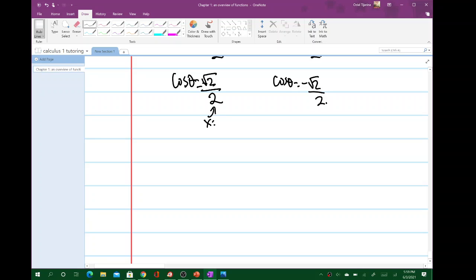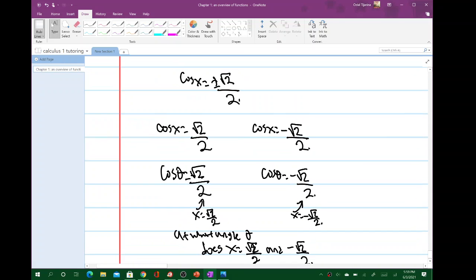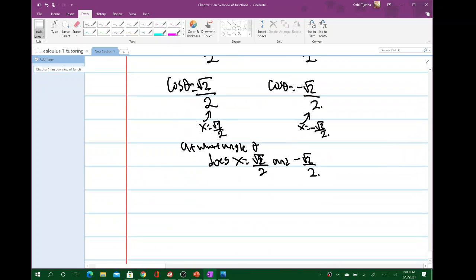In other words, at what angle theta does x equal square root 2 over 2 and negative square root 2 over 2, okay? And just to give you guys a hint, if you're trying to do this on your own, I believe it's going to be 4 answers, okay?